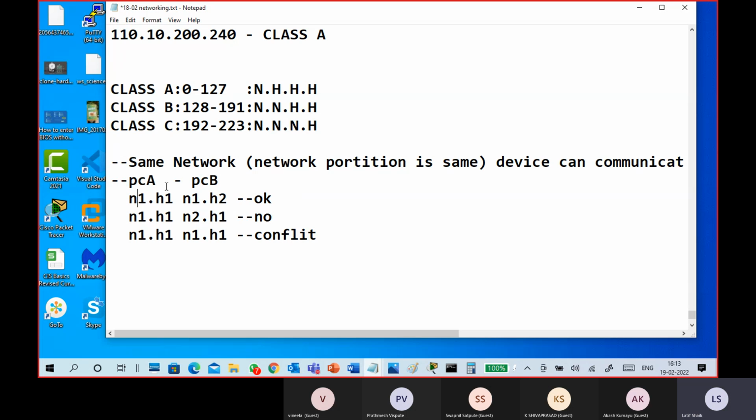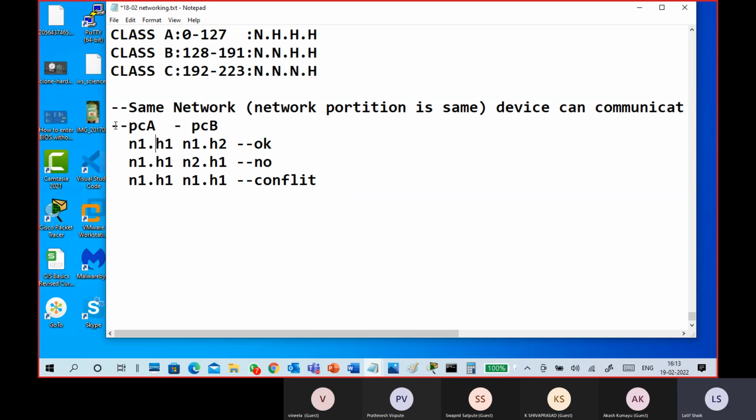So if you have two PCs having IP addresses, first you have to check the network portion and the host portion of the IP address. Make sure the network portion must be the same and the host portion is different. The meaning is that both are in the same network.